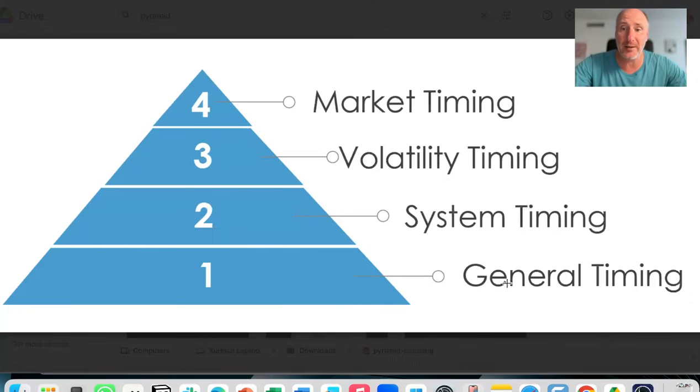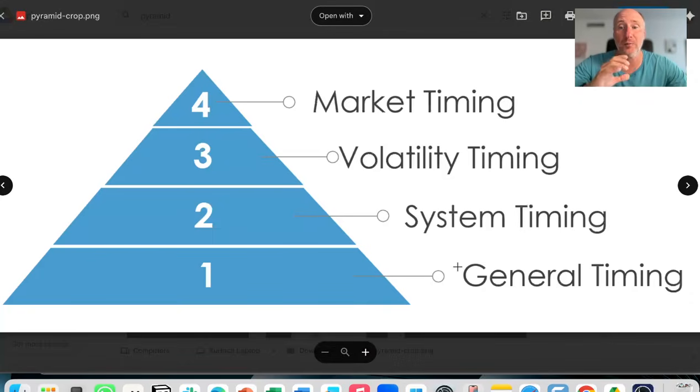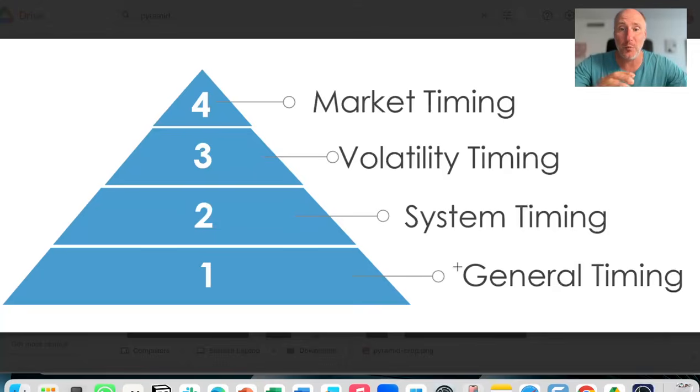So that's the general timing. If we pinpoint the generally right timing, then we are one step ahead already. Next, we have the system timing. Once we put a strategy in the proper environment, then we can play with the strategy itself by improving the timing of the strategy itself.